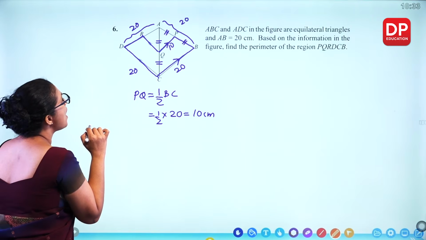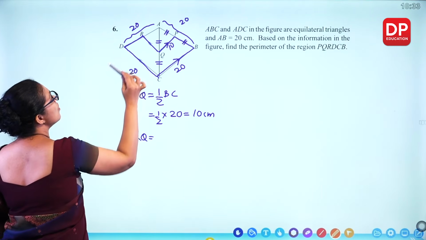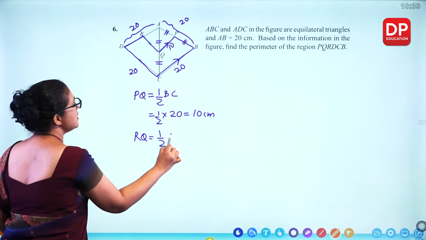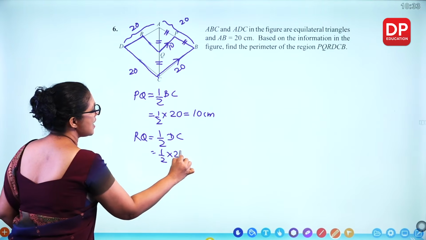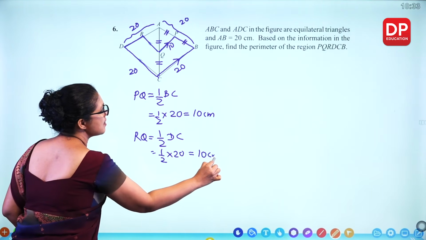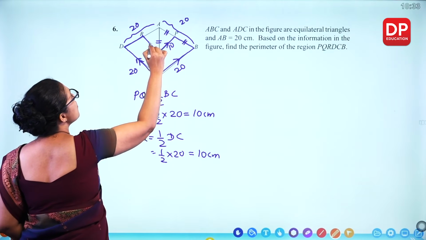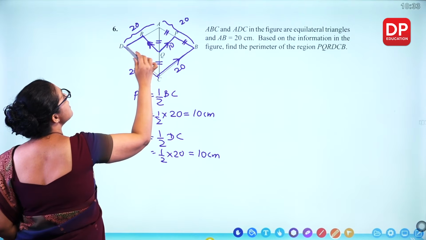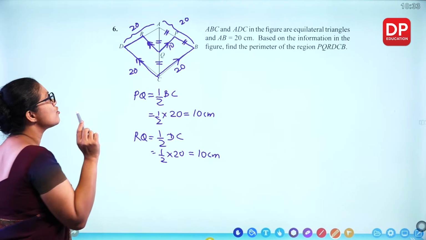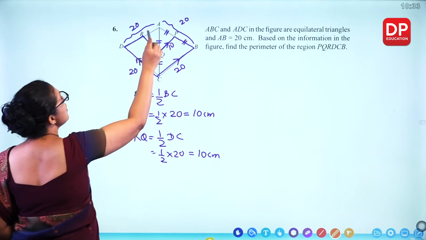Then RQ is also half of DC, half of 20, that's 10 centimeters. Why? This is parallel to this one and this is the midpoint. So, definitely this is half of that according to the midpoint theorem. And these are also equal.